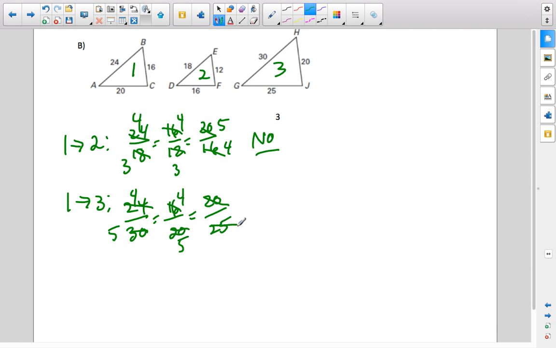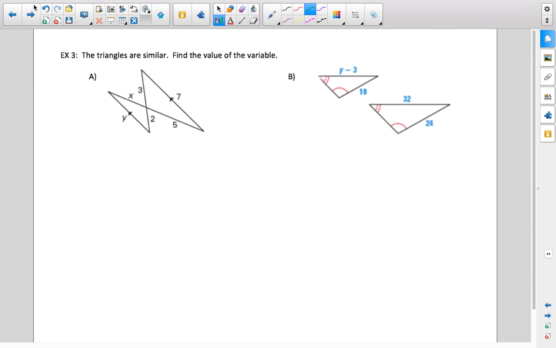And reducing 20 and 25, because they're both divisible by 5, I get a 4 over 5. So this one is a yes. Okay, we did get two triangles that are similar, triangle 1 and triangle 3 by side proportionality. All the sides are proportional.